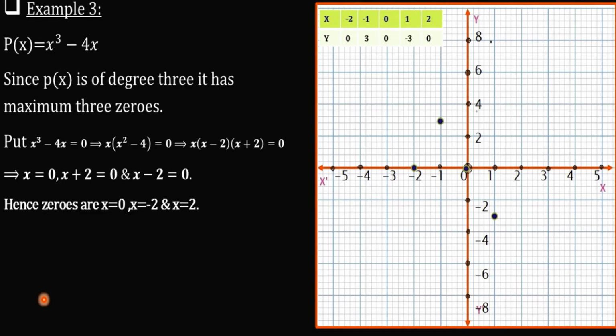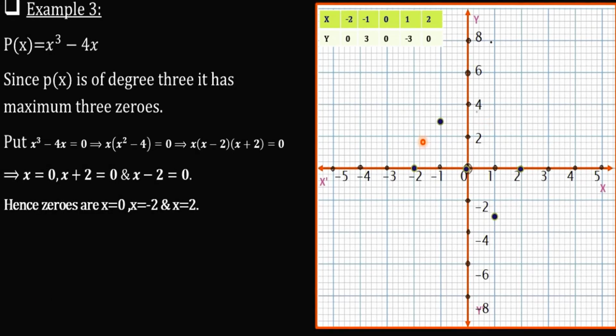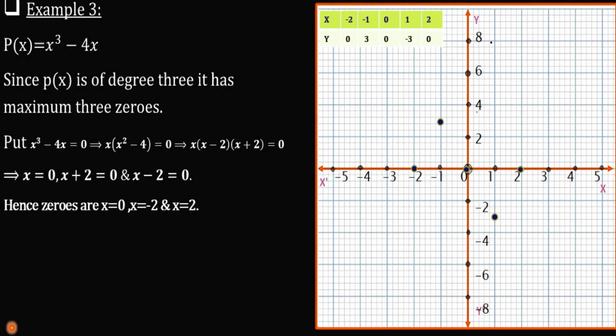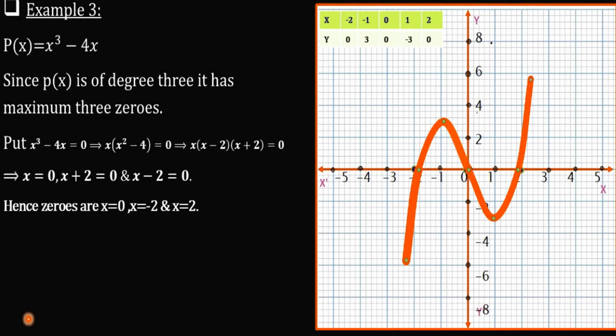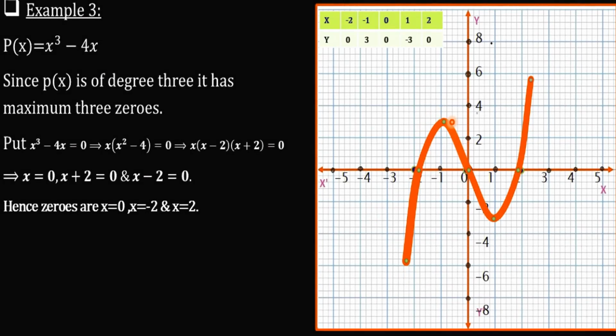Next, x equal to 2 and y equal to 0, that is this point. Okay, so we get the points of our graph here. Next we have to draw the graph connecting those points. So our graph will be like this.